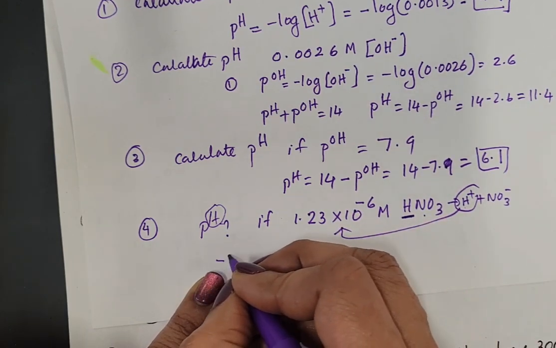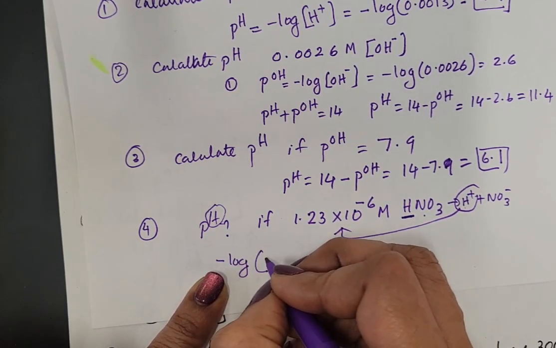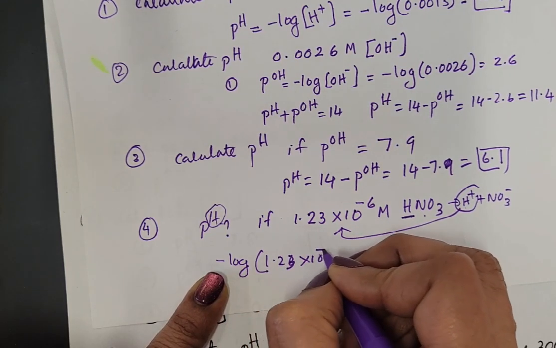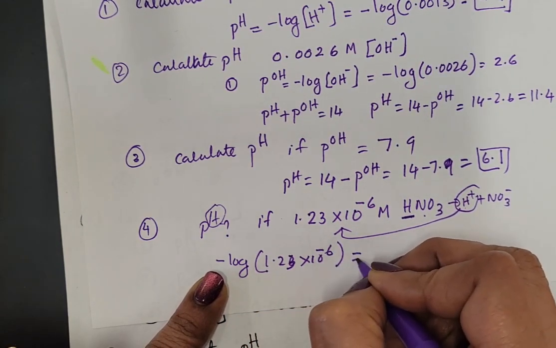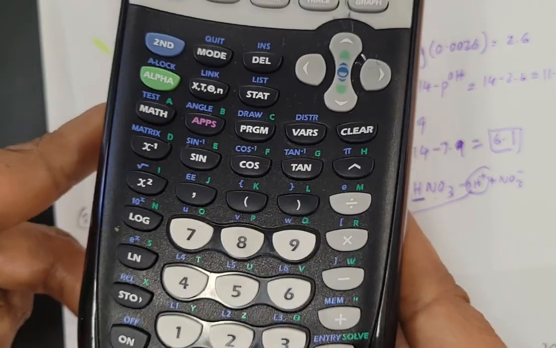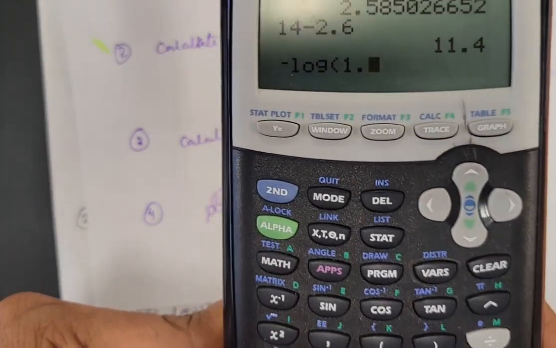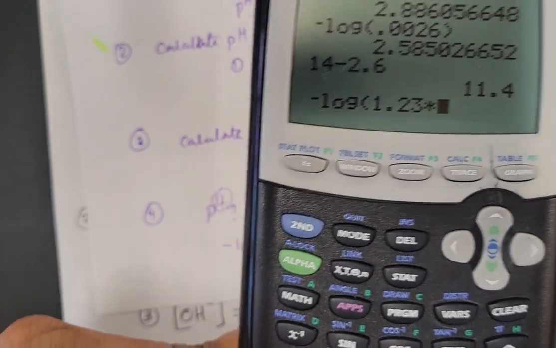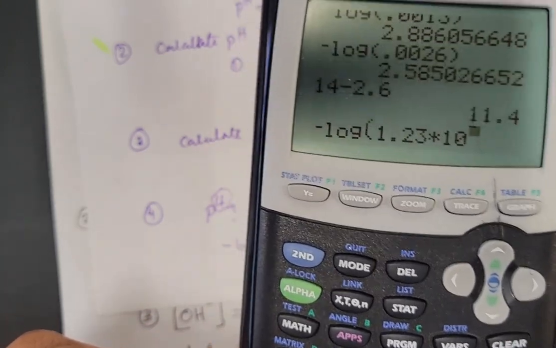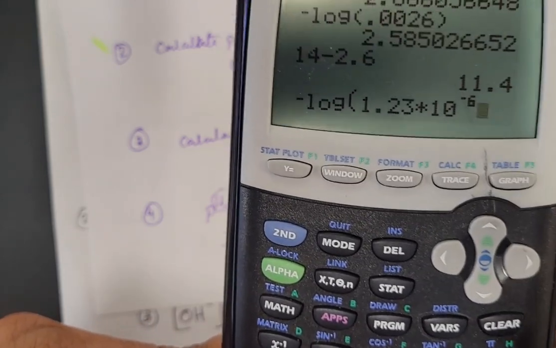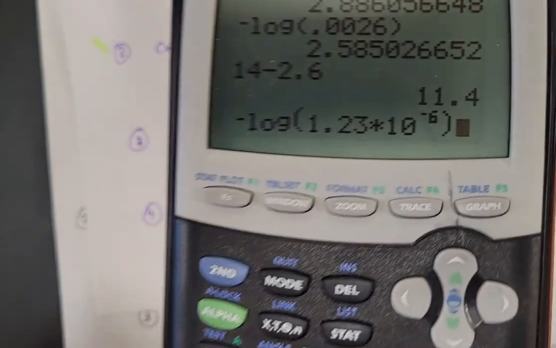You can just write negative log of 1.23 times 10 to the power of minus 6. Same thing, just type that in, negative log 1.23 times 10 exponent negative 6, close it, like this.